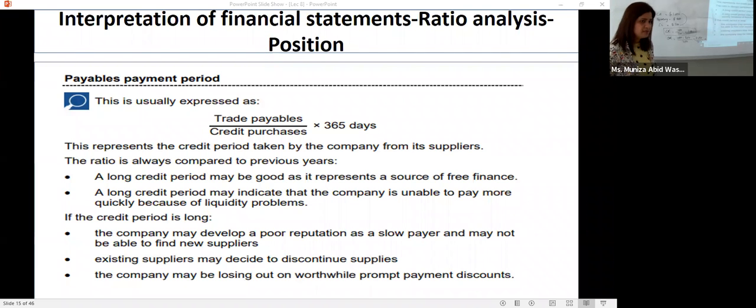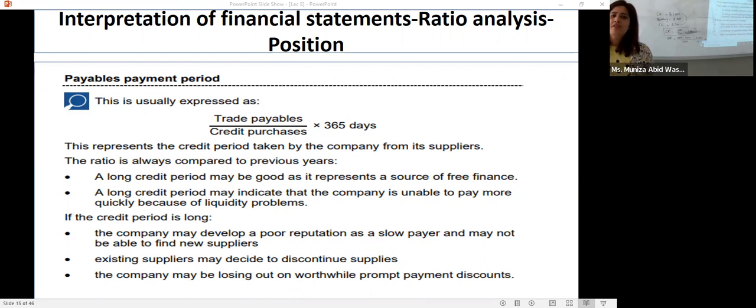What are settlement discounts? Cash discounts, very good. The other name of settlement discounts is cash discount. What is a cash discount? Very good, excellent.